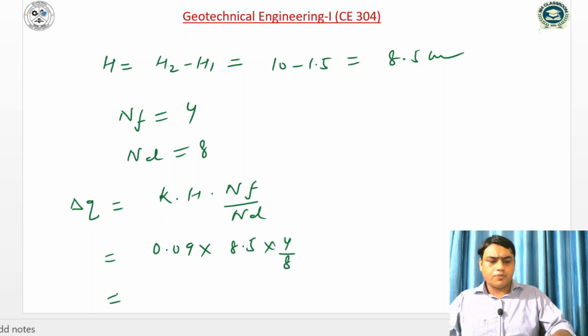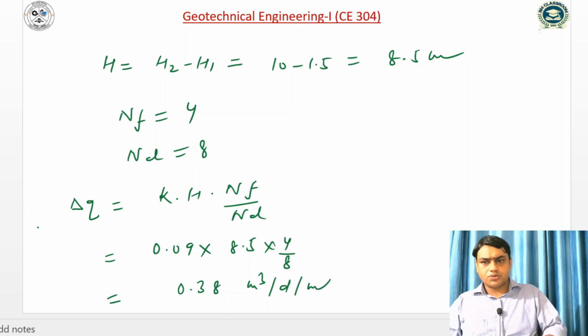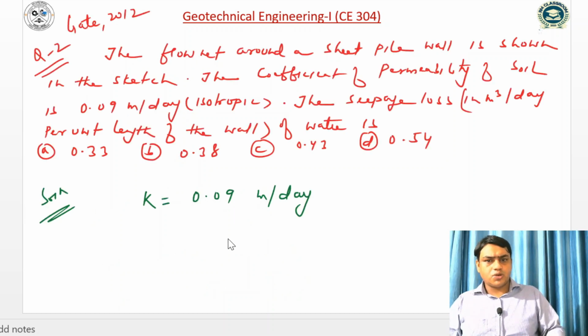So it will be 0.38 meter cube per day per meter. If I see the options, 0.38, so option B is correct.